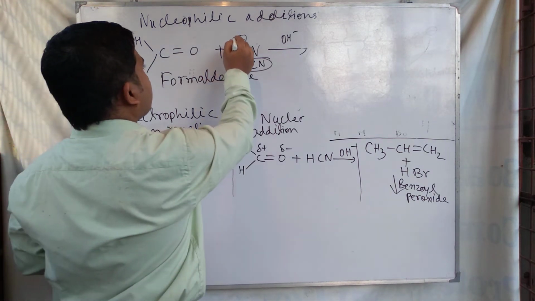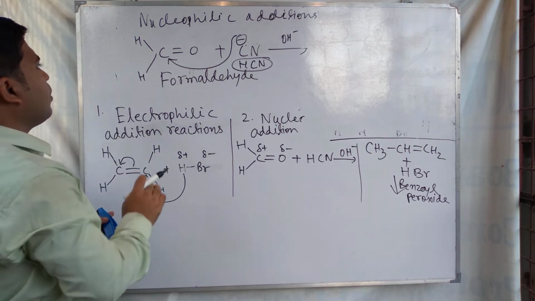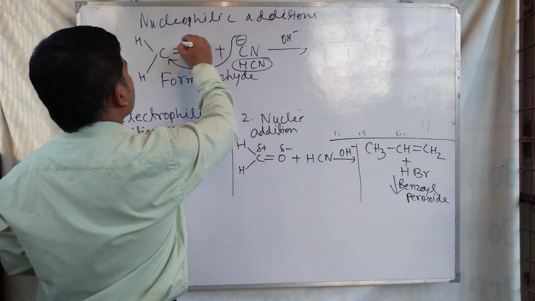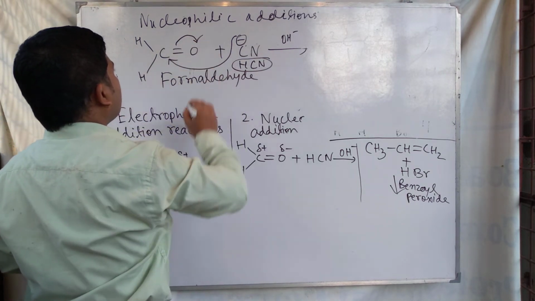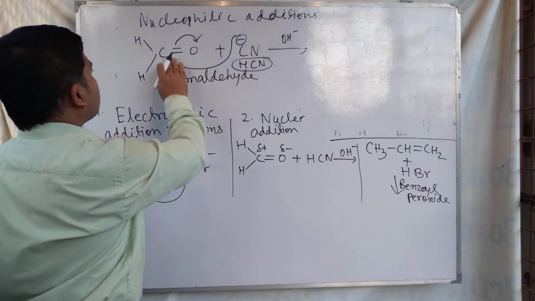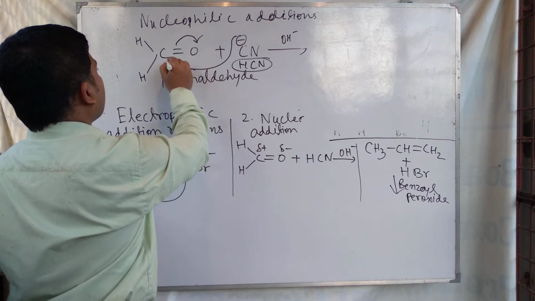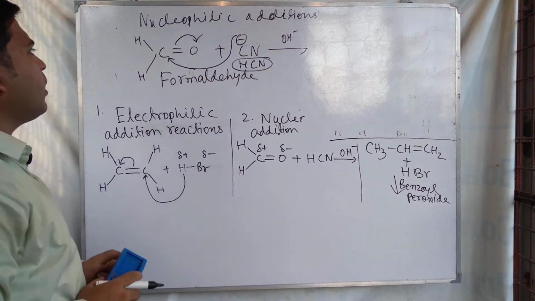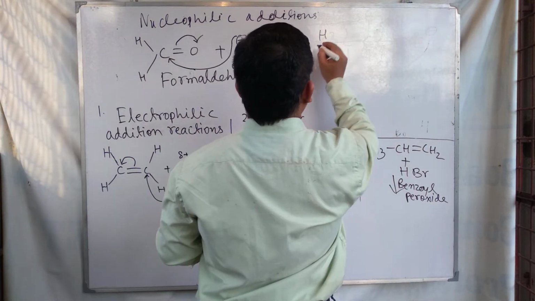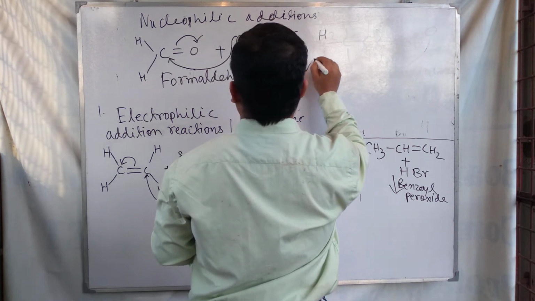At first CN minus attacks this carbon, and as a result this bond opens up. It attacks this carbon and O minus is opened up. So our next structure, and this one is a slow process.